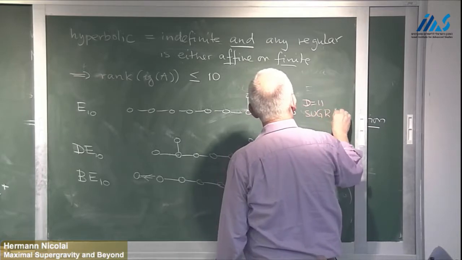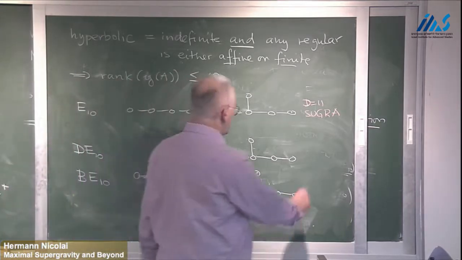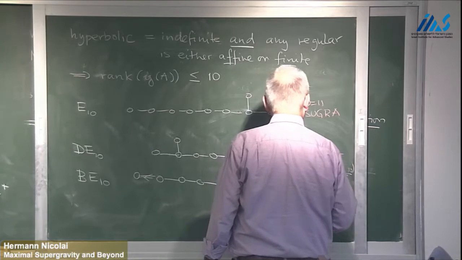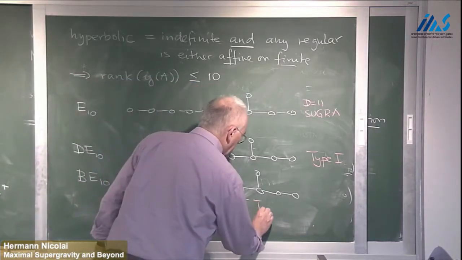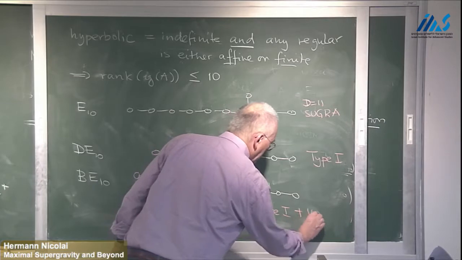Well, that's already what you got from what I showed you at the beginning. If you simply extend the E counting down to low dimensions, this will be related to type 1 supergravity. That's half maximal, and this will be basically related to type 1 plus vector multiplets.